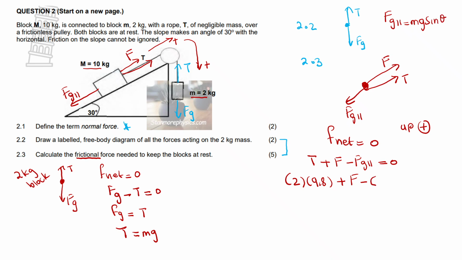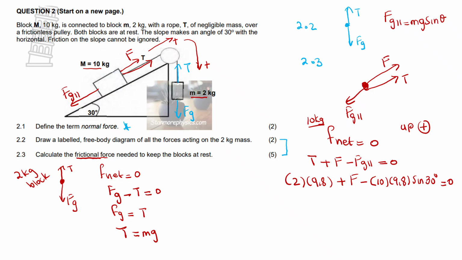Remember now, this one is for the 10 kg block. So the mass is 10 times 9.8 times the sine of 30 degrees, and this is equal to 0. Once you isolate this and solve for F, the answer is the frictional force needed to keep the block at rest.